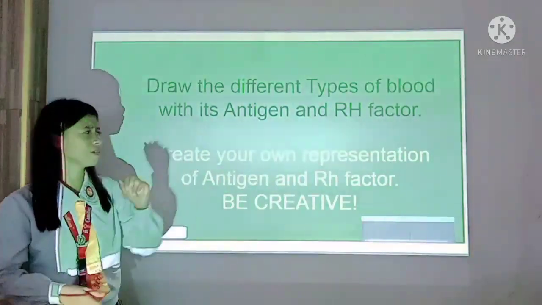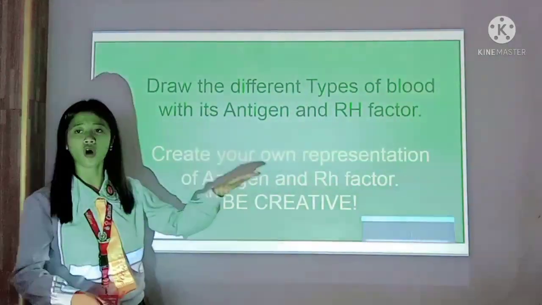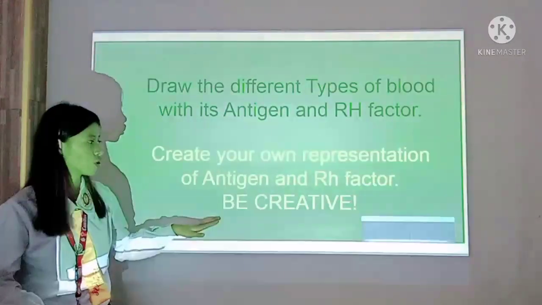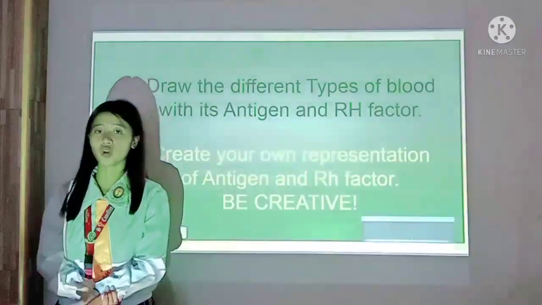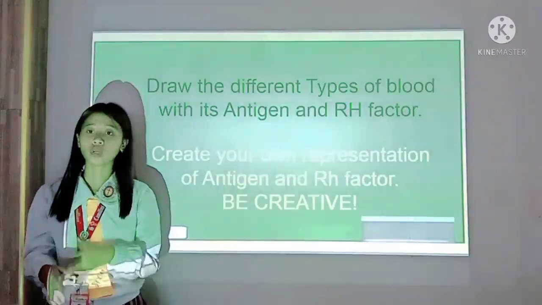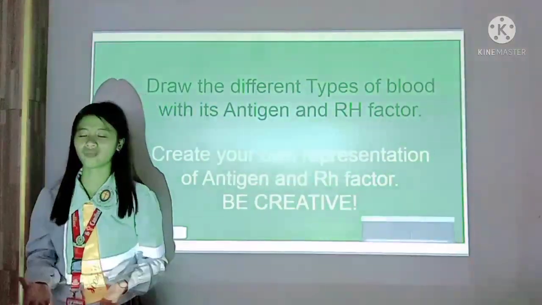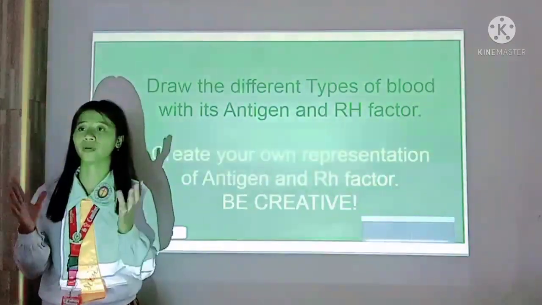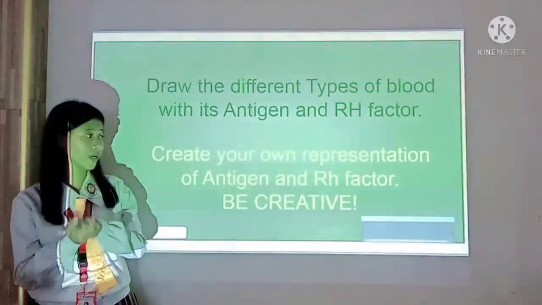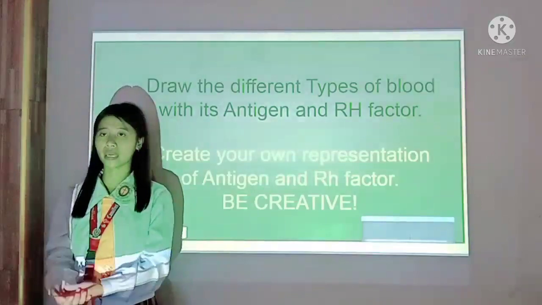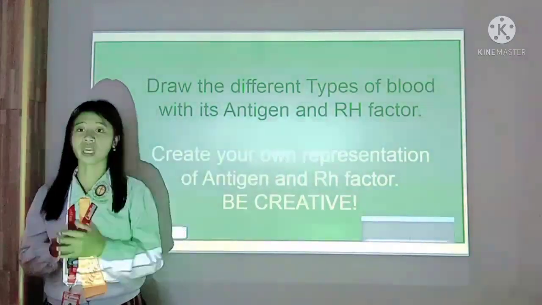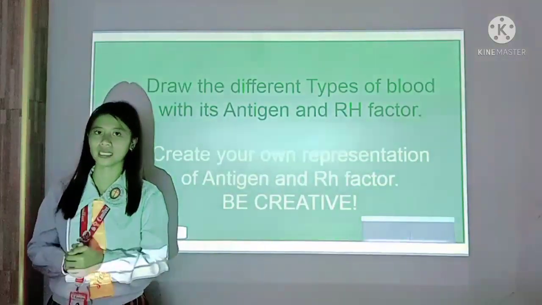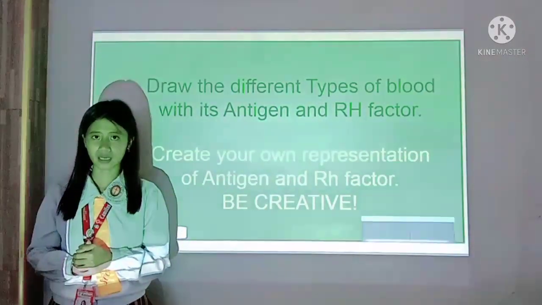Here, I want you to create your own representation of antigen and Rh factor. It depends on you what shape to use to represent the antigen and Rh factor present in every blood type. Are we clear? And I want you to be creative when doing your output in your psychomotor skills.